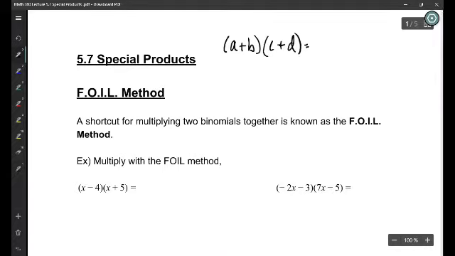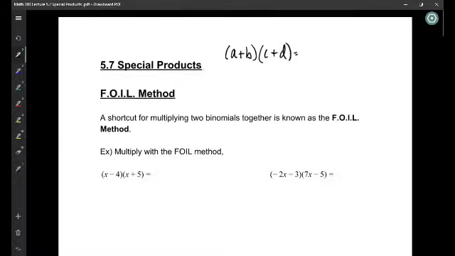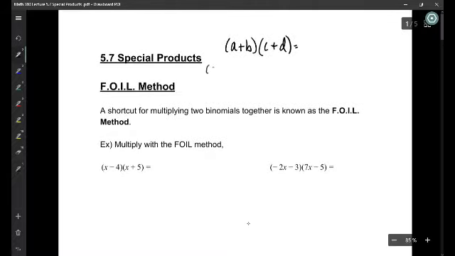So notice that if we did this our old way, we would have a plus b distributes to the c, and then the quantity a plus b distributes to the d. And then the monomial c distributes to a and b. The monomial d distributes to a and b.